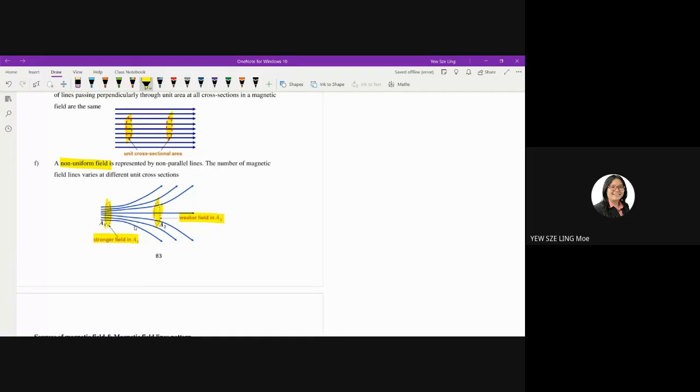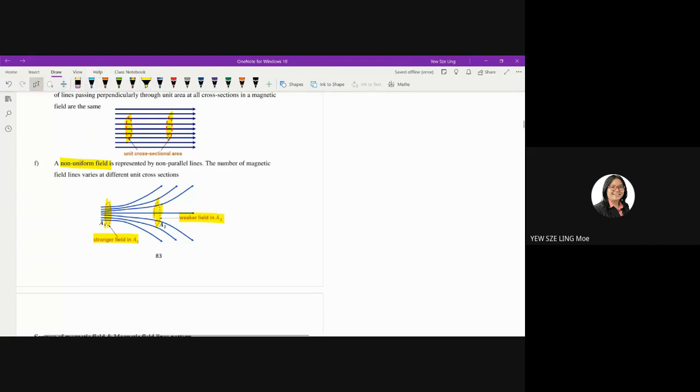Okay, so same as electric field, the number of lines represents the strength of the field. More lines passing through the same cross-sectional area means that the field strength is stronger. If you have fewer lines passing through the same surface area, then you have a weaker field strength.